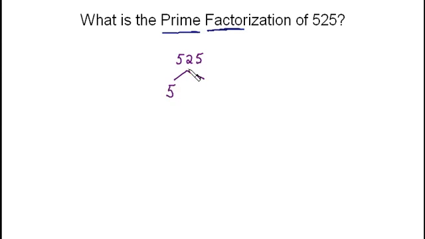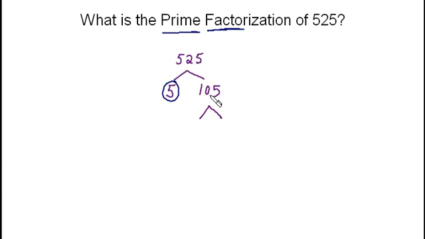When I divide 5 into 525, I find that the other factor must be 105. So 5 times 105 equals 525. Now the number 5 is prime, so that means that this branch is complete. But we still have to factor 105.